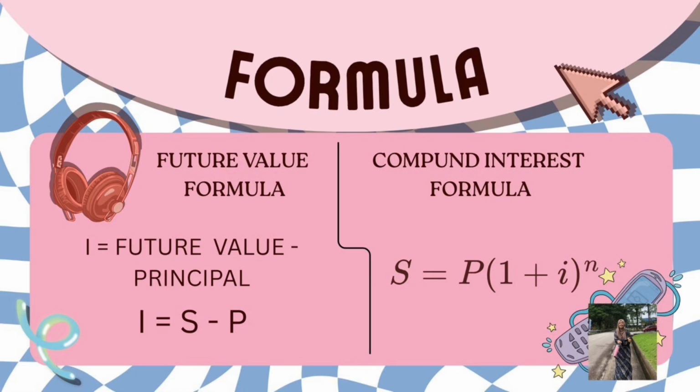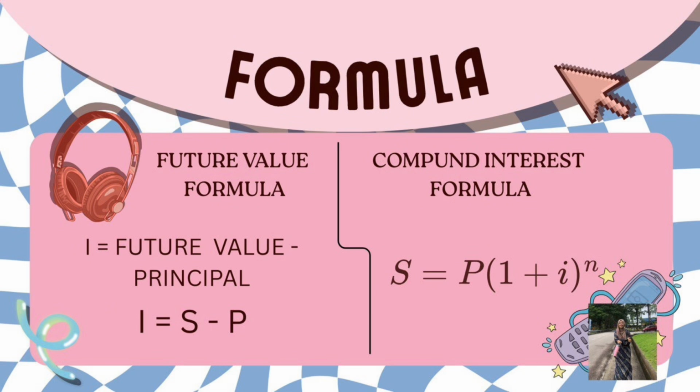After that, we have the compound interest formula. S equals P open bracket 1 plus lowercase i close bracket to the power of n. Let's break this down.